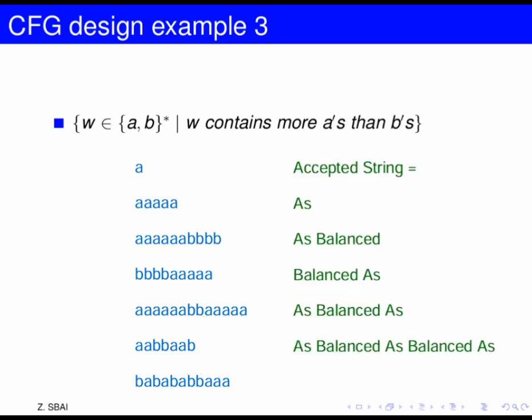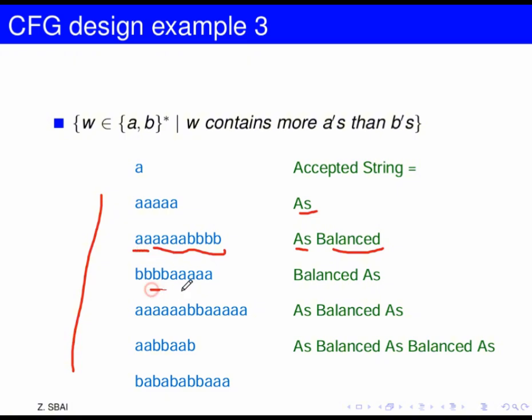So we will write here the different forms of the strings that would be accepted. So it will be a list of A's. I am noting here A's, and it also may be A's followed by a balanced string, like this one, for example. I have a balanced string here preceded by a list of A's.